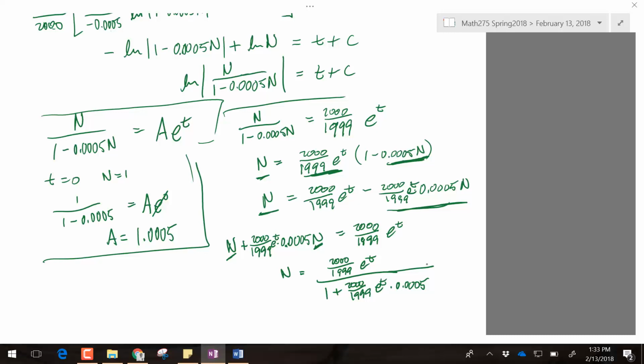Okay. So now we get to put in t is equal to 10. Just plug it in, see what you get. Or you can just wait for your classmates to do it, right?